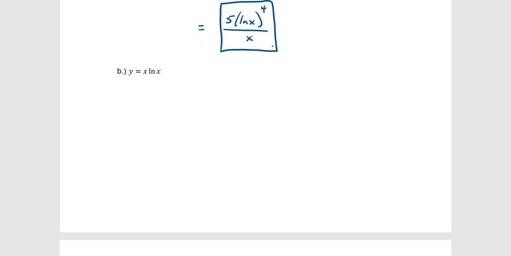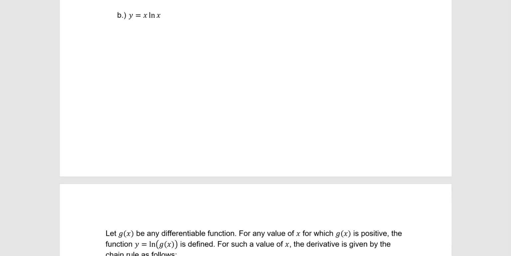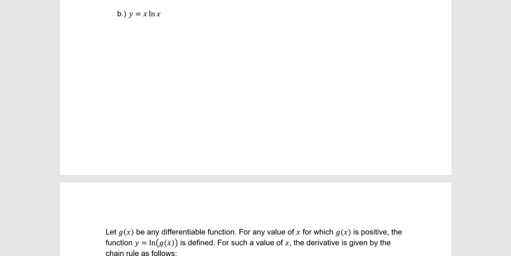Okay, next one we have y equals x times ln of x. So you should notice that this is going to be the product rule because we have two different factors with an x in them being multiplied, x times the ln of x. So dy dx is going to be the first times the derivative of the second.